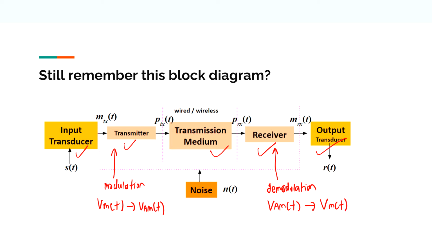For today we focus on the receiver. Demodulation is one of the processes in the receiver, and there are many other processes in the receiver. So today we will go through these components.